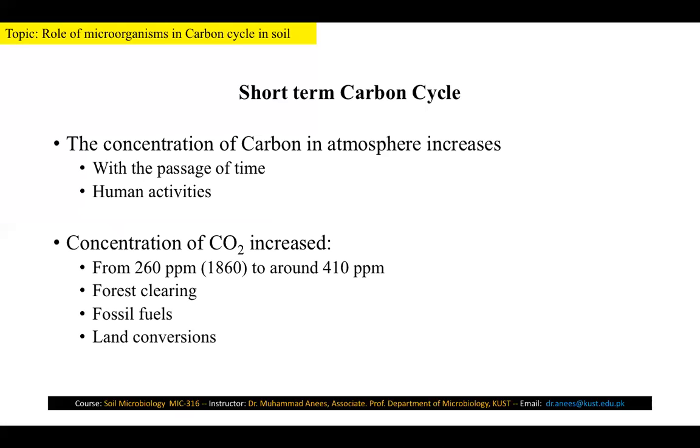It has been observed that the concentration of carbon dioxide increased from 260 ppm in 1860 to around 410 ppm, mainly because of forest clearing, use of extensive fossil fuels, and the land conversions due to human interventions.